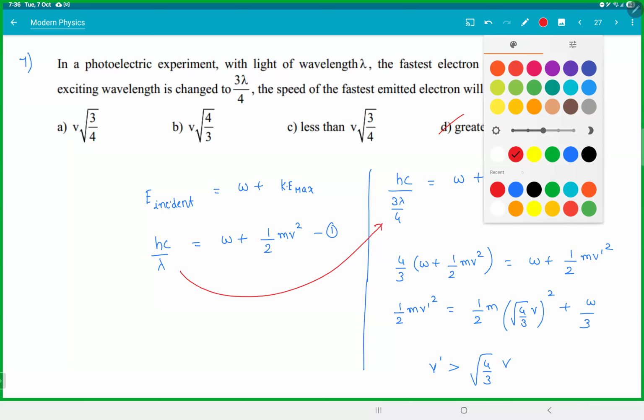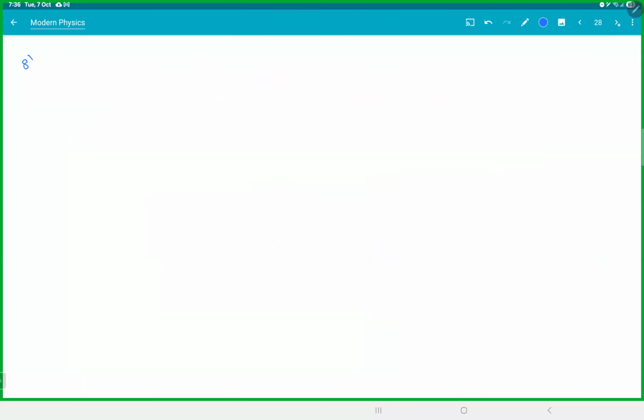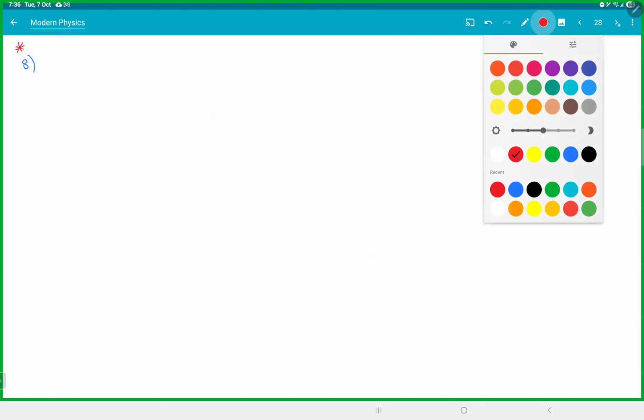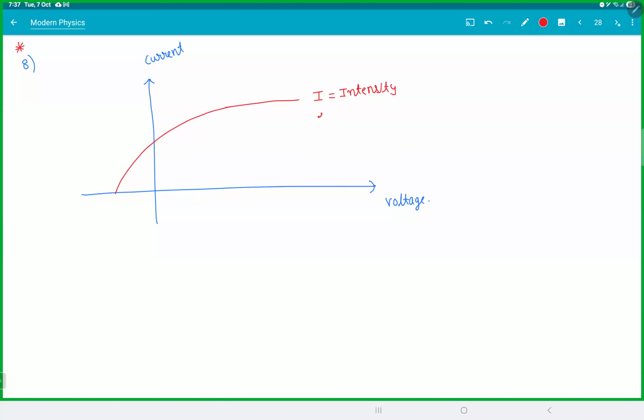The next one is an important one. So let's say I'm drawing a graph between the current and the voltage. Let's say this is the graph for intensity I and frequency f.